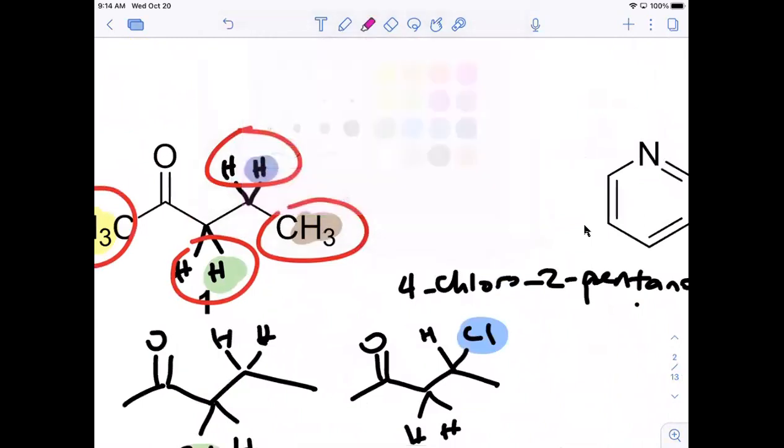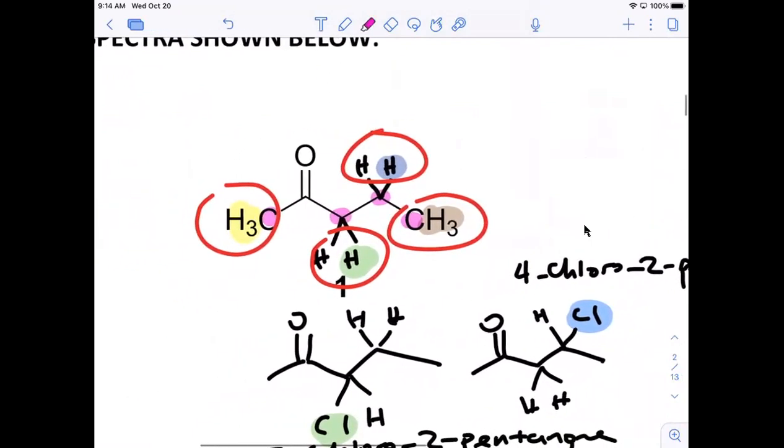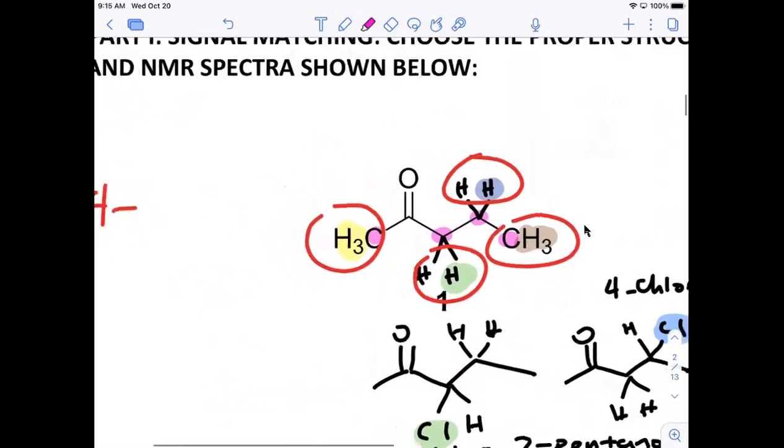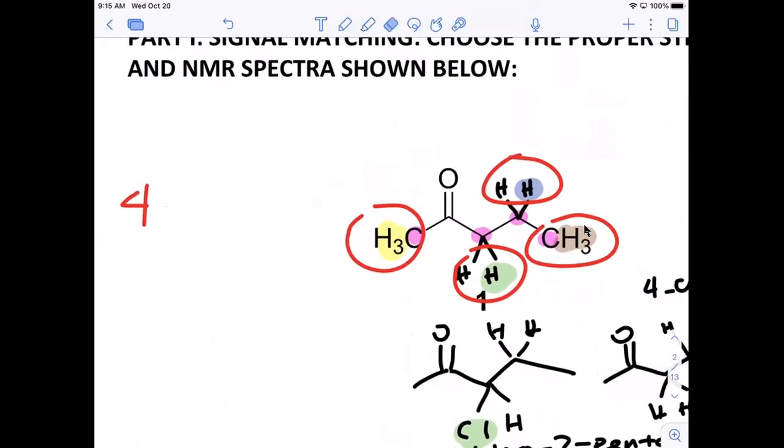Let me just highlight that. So you got a carbon here, here, here, and here with protons on it. So that's a set. A set is located on the same carbon. That's what I mean by that. So you got 4 sets of non-equivalent protons. So you should get, for that molecule, 4 signals, right? Because the number of signals is going to be determined by the number of non-equivalent types of protons.